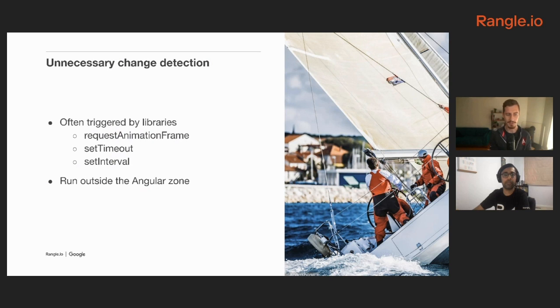And if this is the case, you're going to see many change detection triggers, and you'd have to eventually initialize the library outside of the Angular zone so that Angular doesn't monkey patch request animation frame for this particular use case, and you can have fewer change detection cycles. So this is the usual cause of this problem, just like third-party libraries and the scheduling performed within them. And the way to fix this issue is to just run the initialization logic outside of the Angular zone.